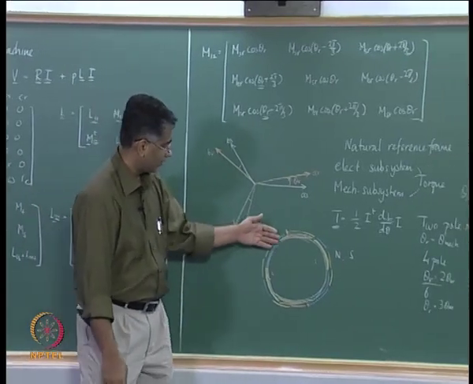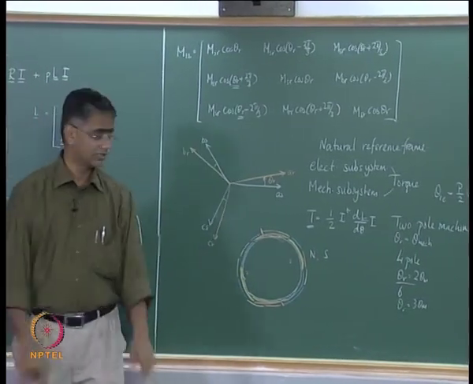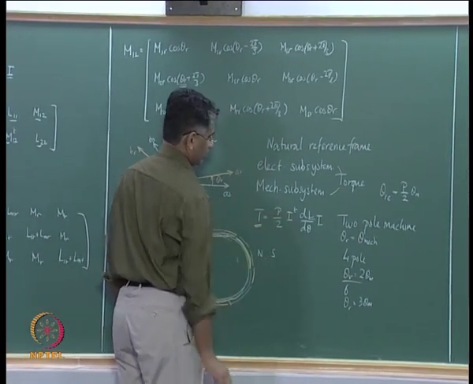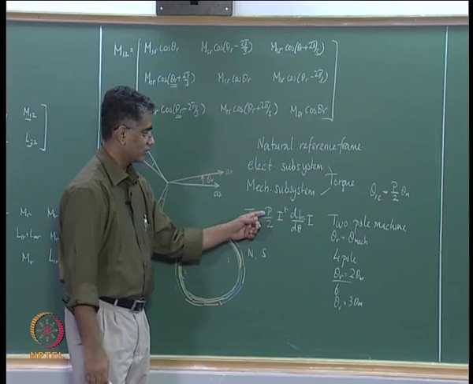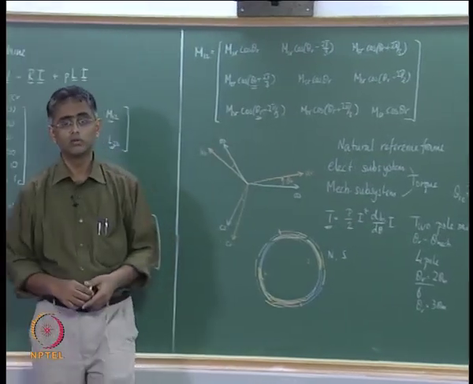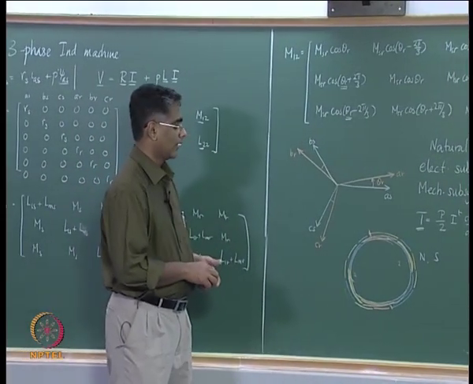If you are going to have one more pole pair, the torque generated would become 3 times, and therefore in general what is written is P by 2 times, where P is the total number of poles, P by 2 into this would then give you the total generated electromagnetic torque.